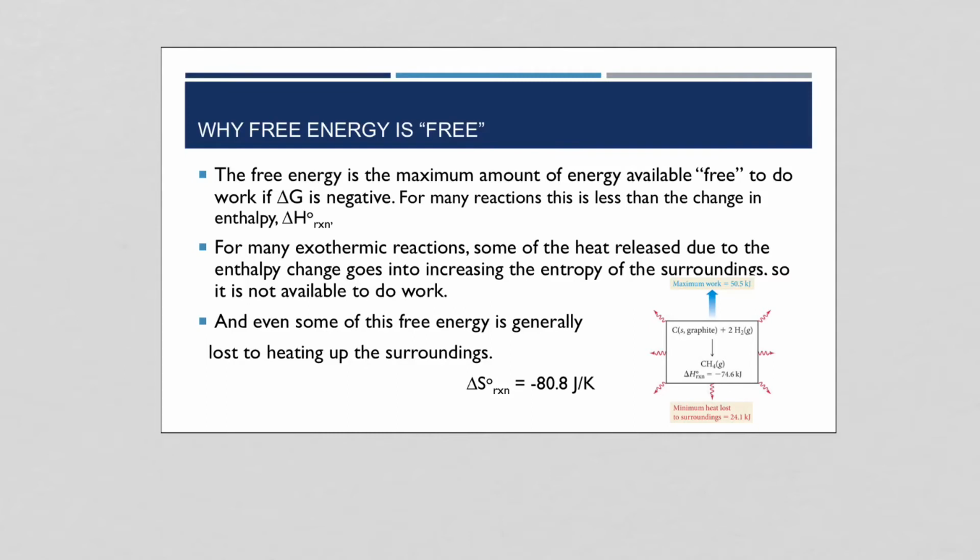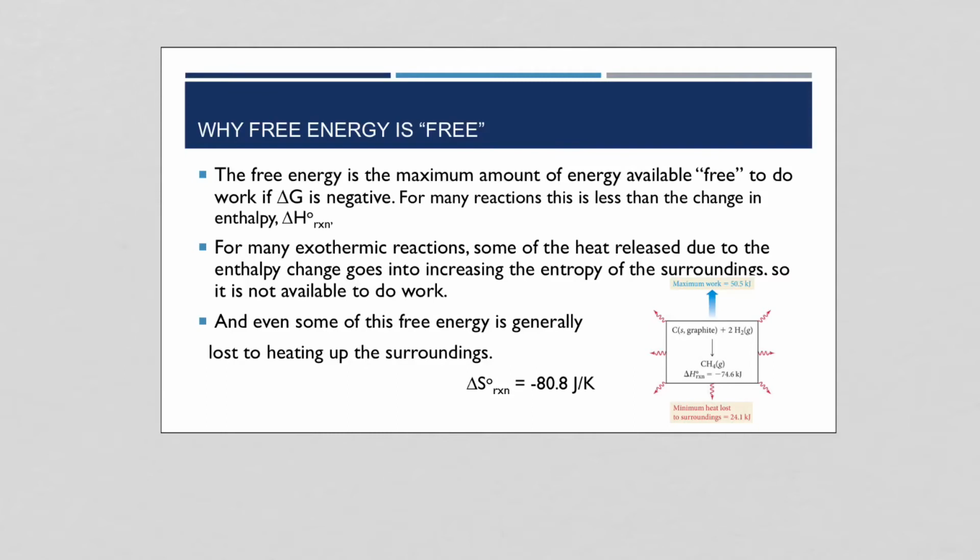So if delta G is negative, we're going down in free energy, so free energy is being released over the course of the reaction.